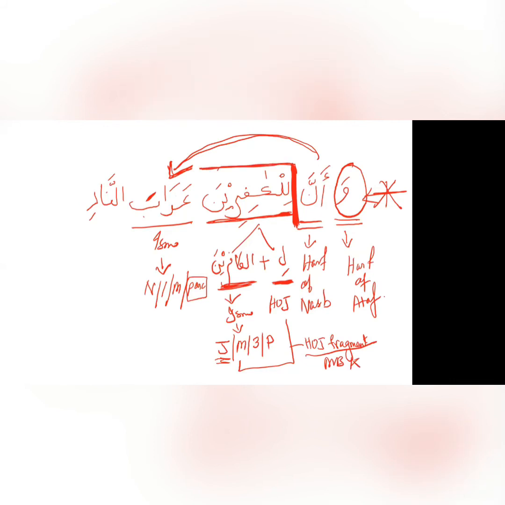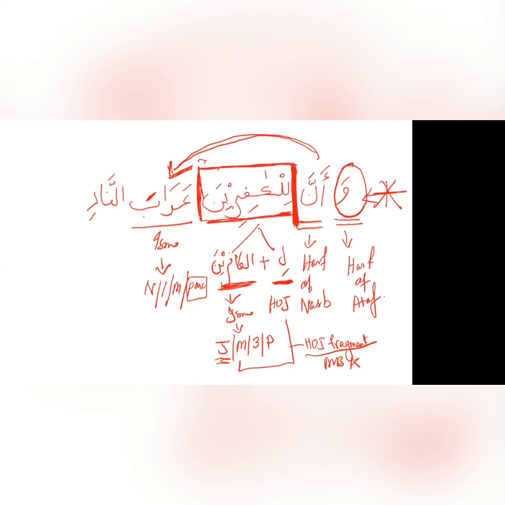Now we have to see whether lil kafirina and azaba have any relationship. No relation. Out of the 7 fragments, is there a relationship possible here? No relation. MBK muqaddam. Yes, exactly.